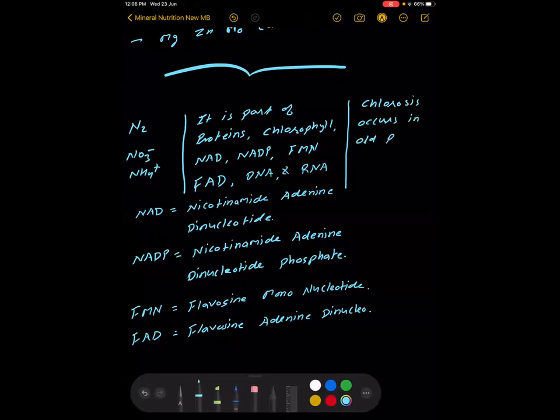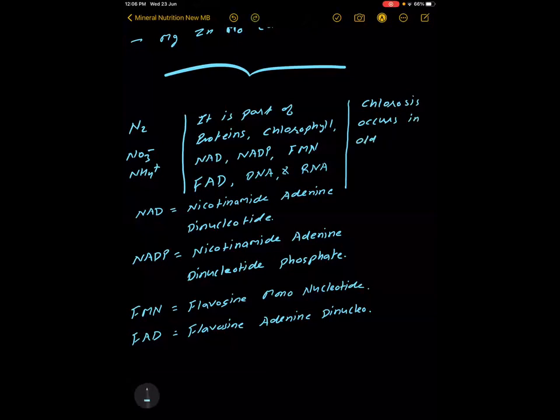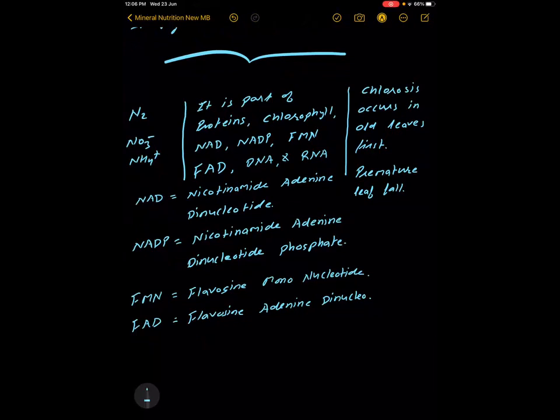Chlorosis means destruction of chlorophyll. Then premature leaf fall. Stunted growth, which means growth is very slow.